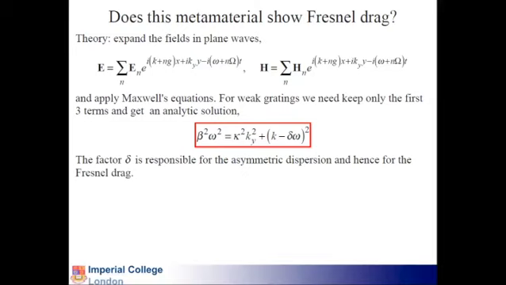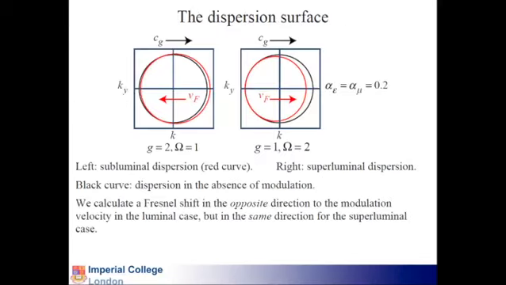And that means this delta, when it's finite, means that there's a drag acting on the light. And if you look at the dispersion surfaces, you can see that the circle is the free space one, black circle, and the red circle is the dispersion when you turn on the moving grating. You can see that the grating is indeed dragging along the line in one direction or the other.